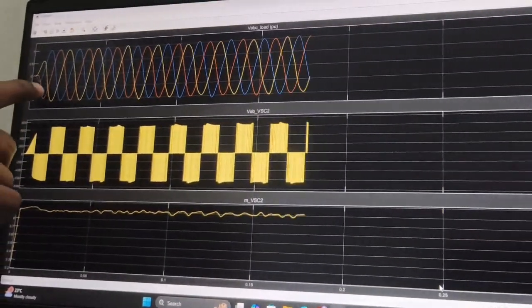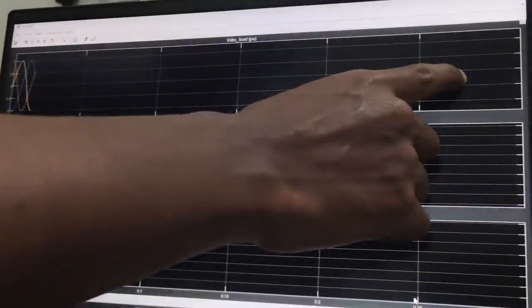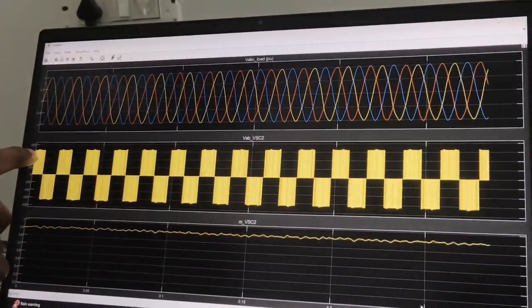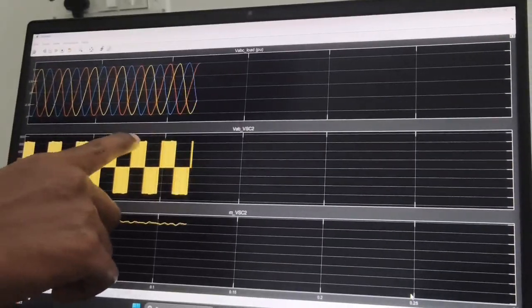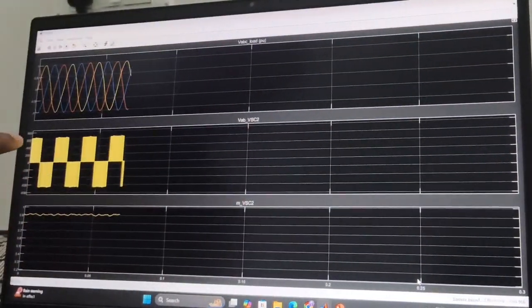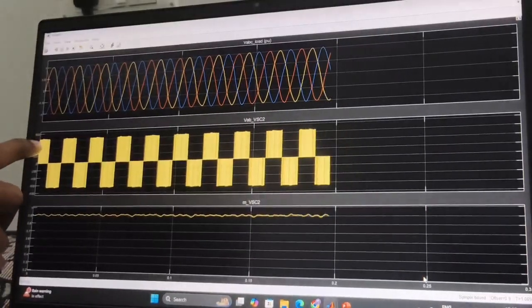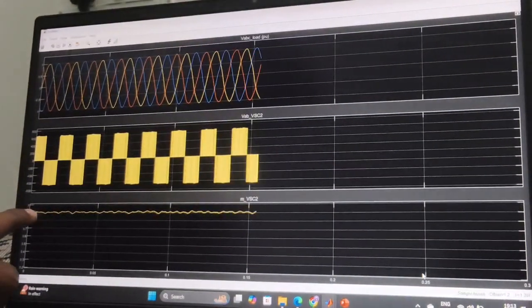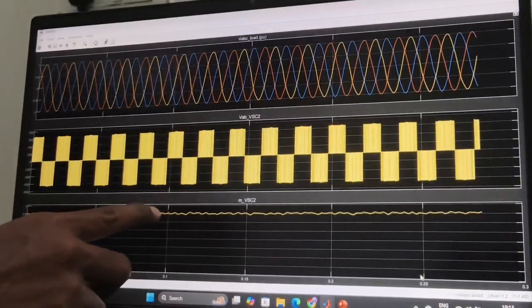See, the AC current sine wave is going. This is a 700 volt supply, and you can observe some little bit of changes.